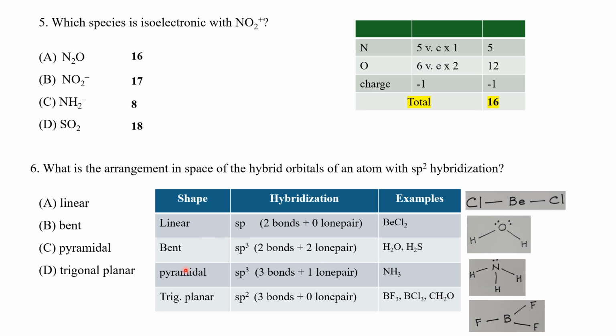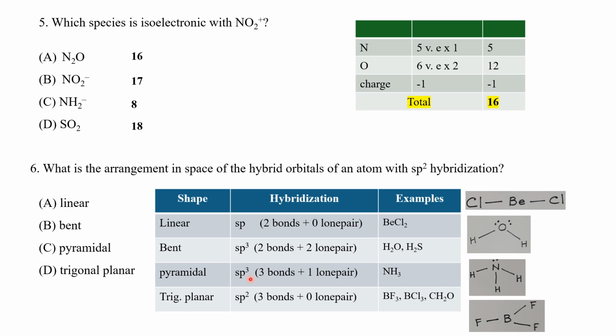Bent shape. Bent shapes are sp3 hybridization. For example, H2O, H2S. So here two bonds and two lone pairs. There are four orbitals mixed together, 1 s and 3 p, to form four sp3 hybridized orbitals.